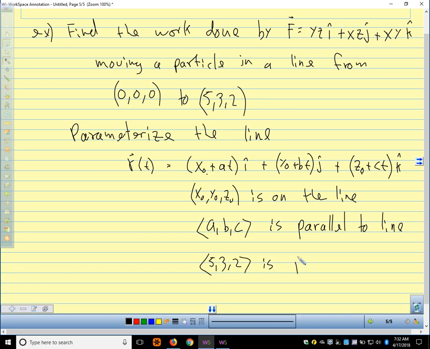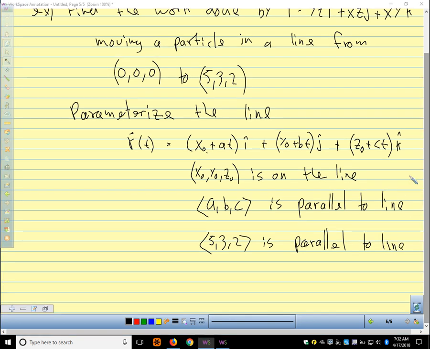Just use that. And what point would be convenient to use for our initial point? 0, 0, 0. So we get R of t is 5t i hat plus 3t j hat plus 2t k hat.